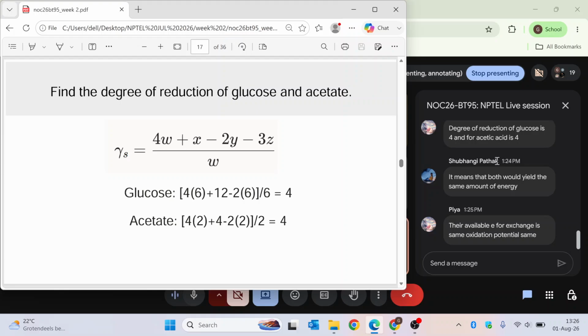Yeah, that we can theoretically infer, but practically the bonding in glucose and acetate is different, right? When we talk about functional groups, glucose has OH groups, whereas acetate, CH3COOH, has a carboxylic group.